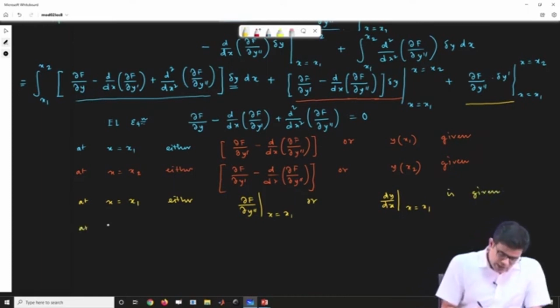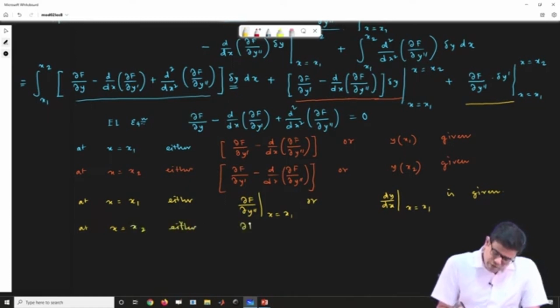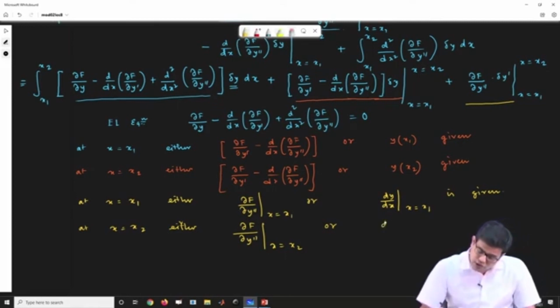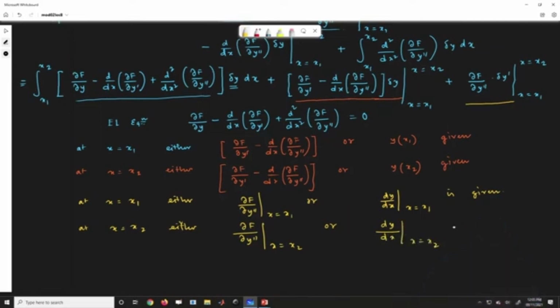Similarly, at x equals x2, either ∂f/∂y'' at x equals x2, or dy/dx at x equals x2 is given.